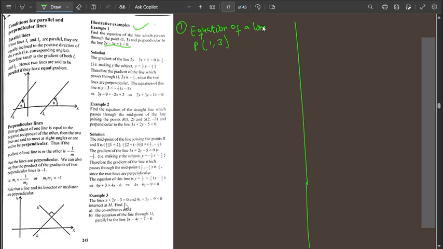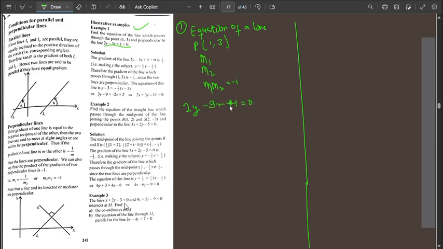That means that if the gradient of this line is m1, and the gradient of the other line is m2, then m1 and m2 give us negative 1. So let's find m2, the gradient of the line 2y minus 3x plus 1 is equal to 0.